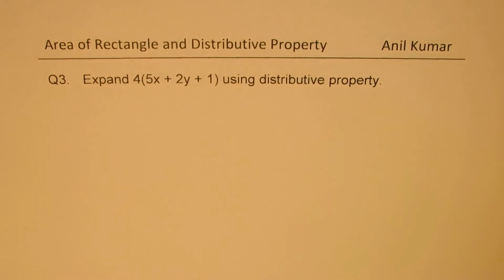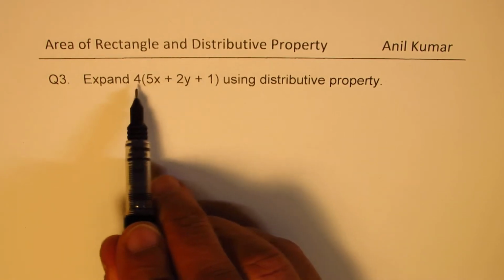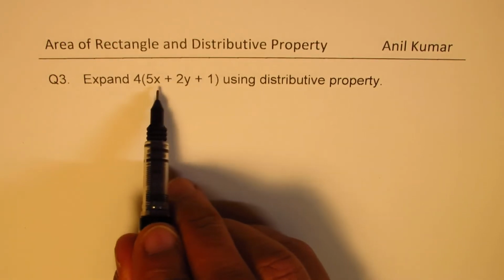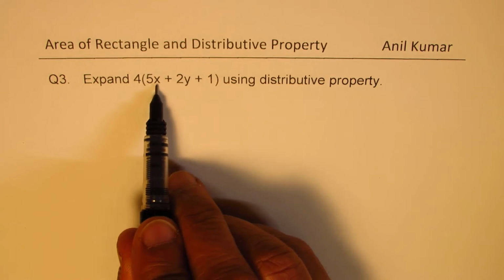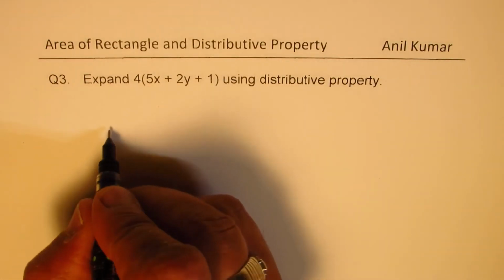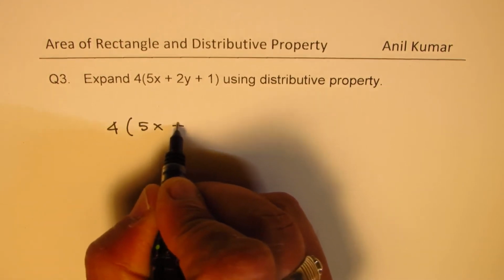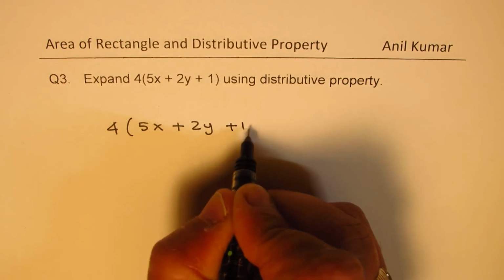Next question is question number 3, where we need to expand 4 times (5x plus 2y plus 1). Now this property can be extended to any numbers, right? Now we have a trinomial inside the brackets. So we'll multiply 4 with 5x plus 2y plus 1.